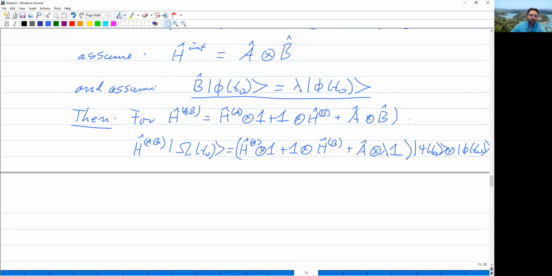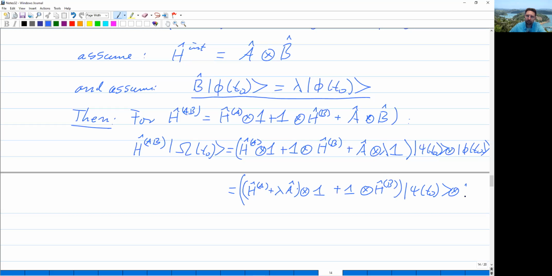And so what we have is that this gives us H hat A plus lambda A hat tensor the identity plus identity tensor H hat B acting on psi of t naught tensor phi of t naught.